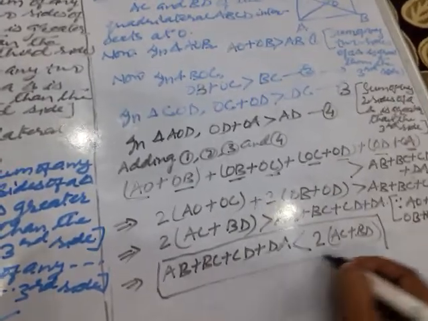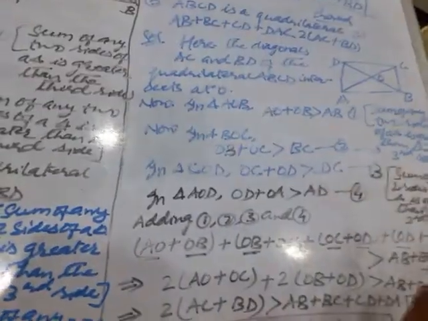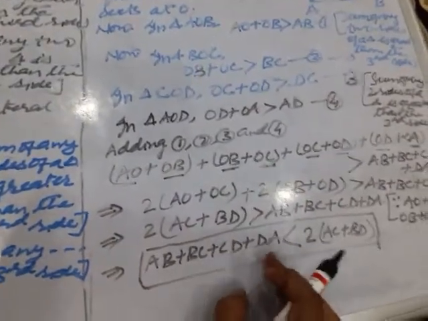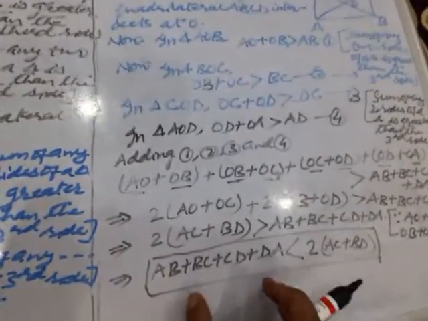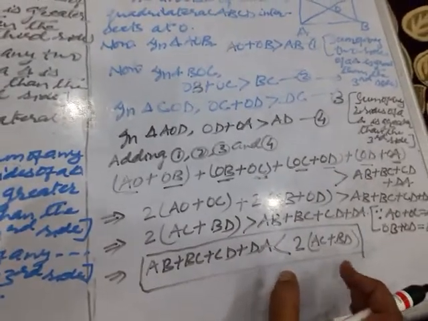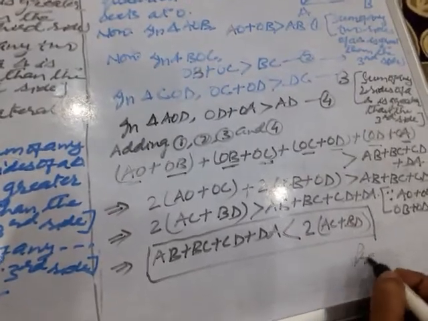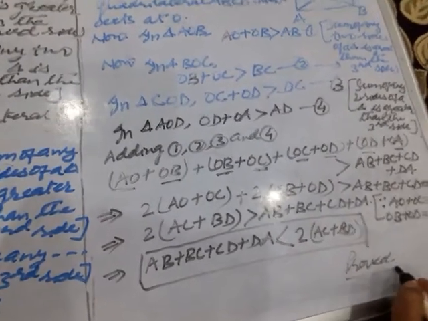So a big question you have got, because these two questions are very much important in view of your examination, children. And you have shown that AB plus BC plus CD plus DA, that is the perimeter of the quadrilateral, is less than twice the sum of its diagonals. Okay, children, so this is proved, right?